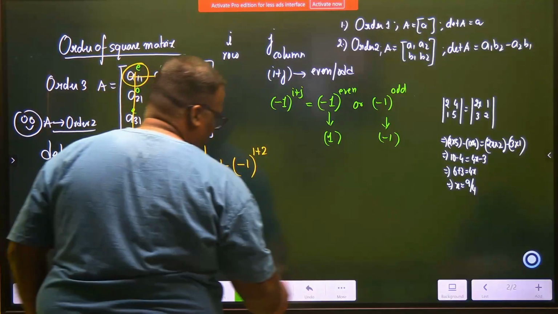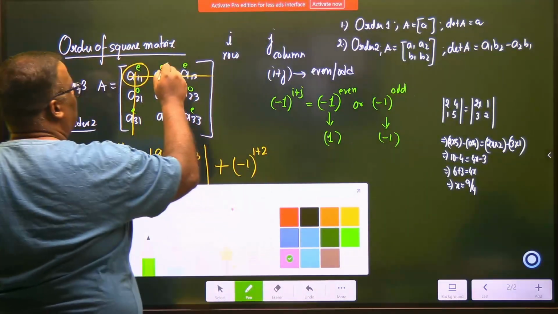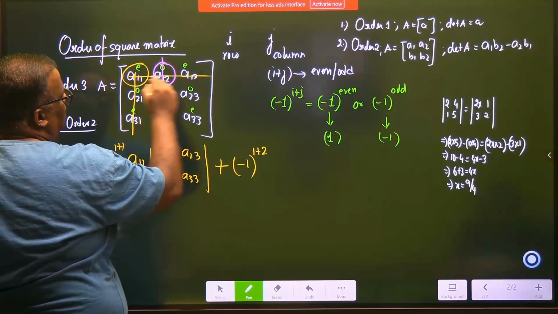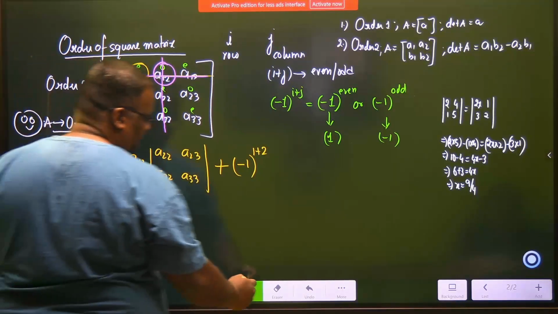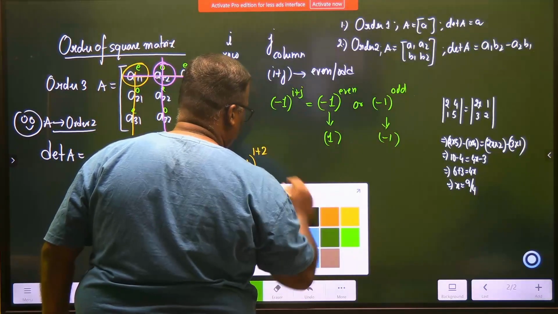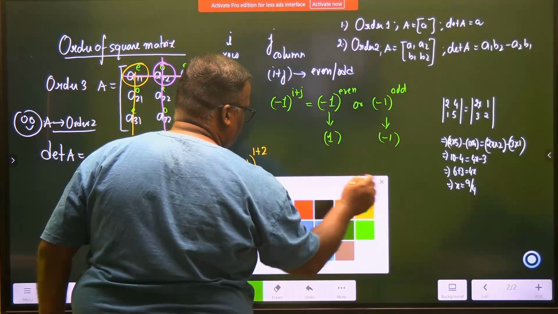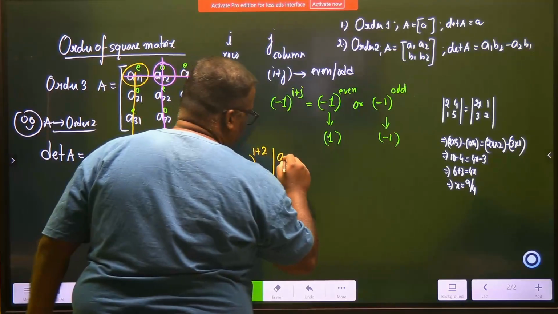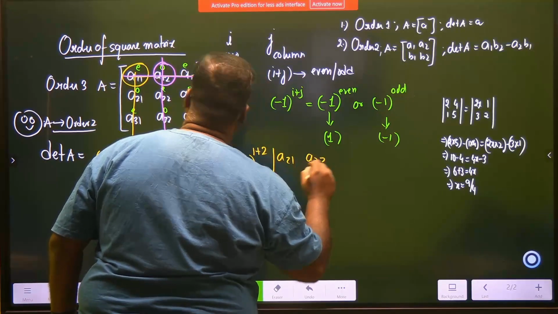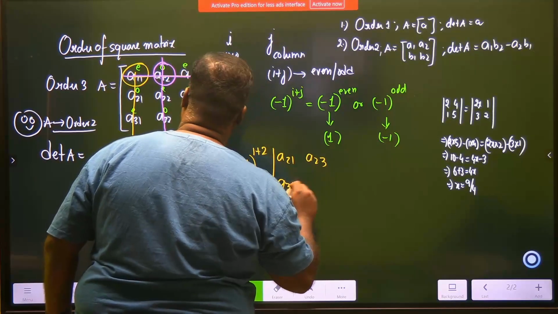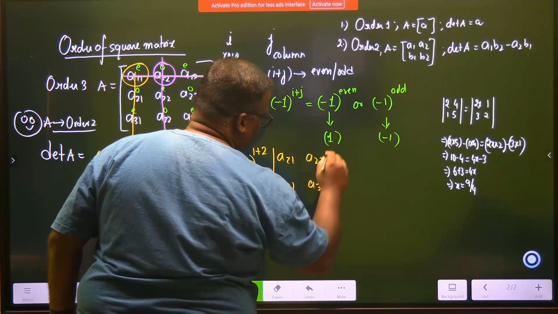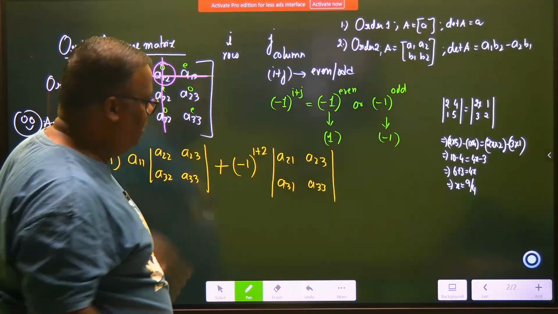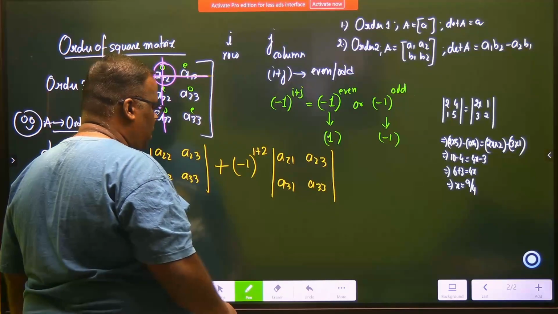Come children, my next element is this one. I have cancelled this, I have cancelled this, right? So I'm left with A21, A23, and A31, A33. Agreed?